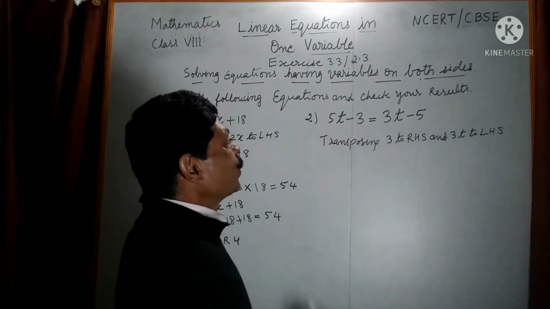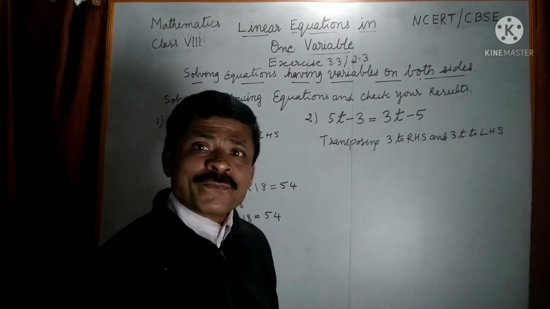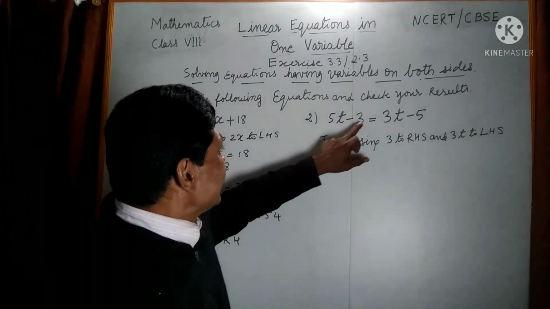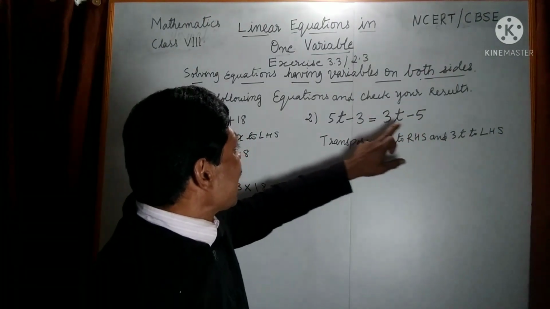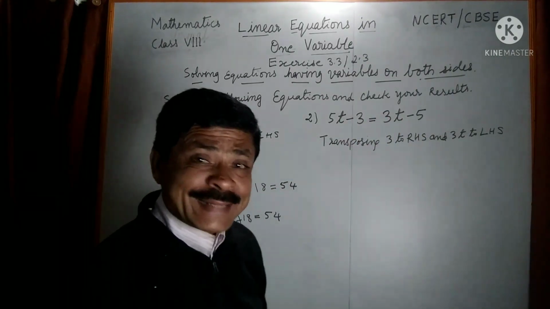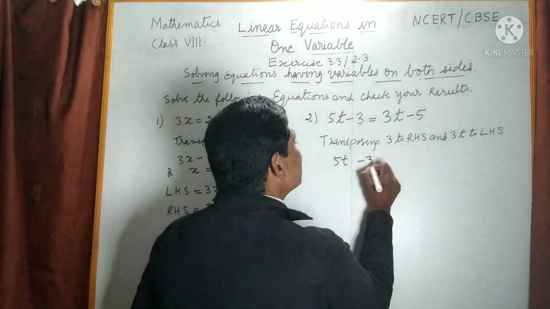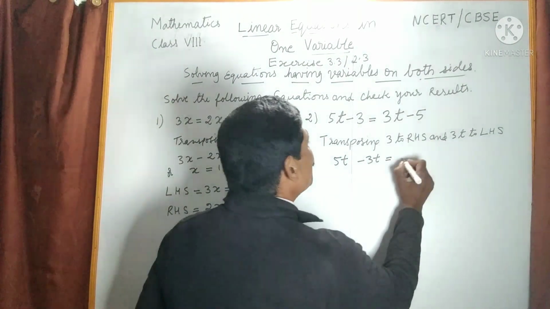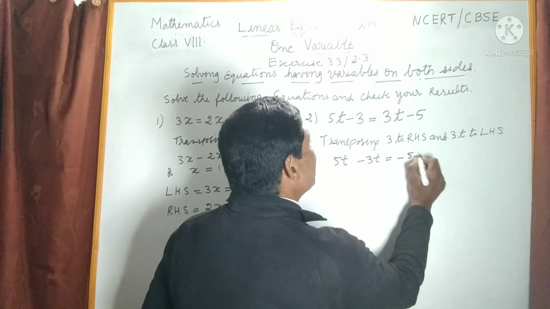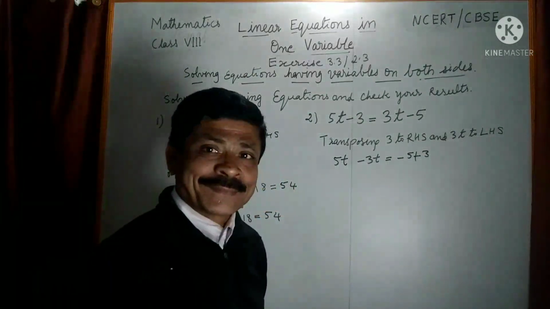5t minus 3 is equal to 3t minus 5. Transposing 3 to right hand side and 3t to left hand side, 5t minus 3t is equal to minus 5 plus 3.